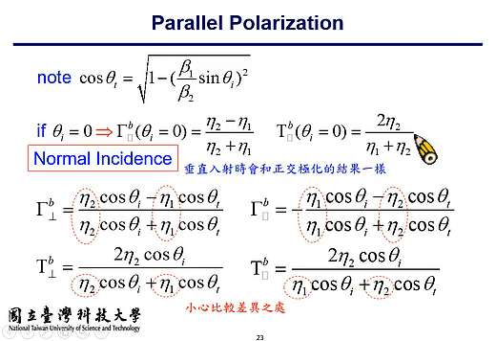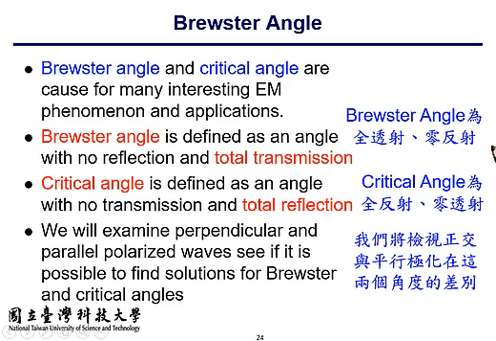But as your incident direction is steered away from the normal incident direction, the two become different, and we end up with several interesting results. The first interesting result we'd like to check is the Brewster angle phenomenon. We will also check the critical angle phenomenon.